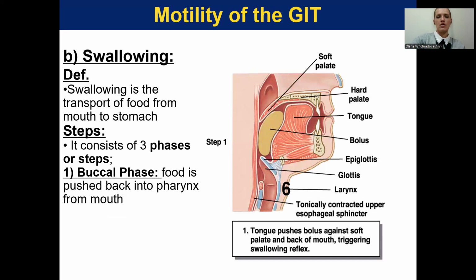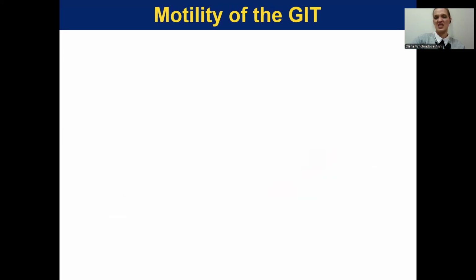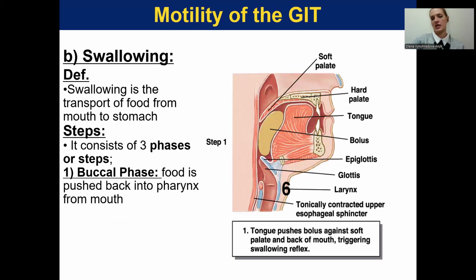Swallowing. We have three steps, or three phases, of swallowing. First, the buccal phase: food is pushed from the mouth back into the pharynx. Pay attention that at this time the soft palate closes our respiratory way upward, and our glottis should be closed so that food does not enter the lower respiratory passageway.